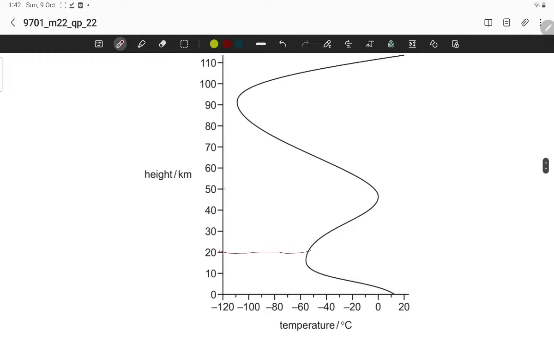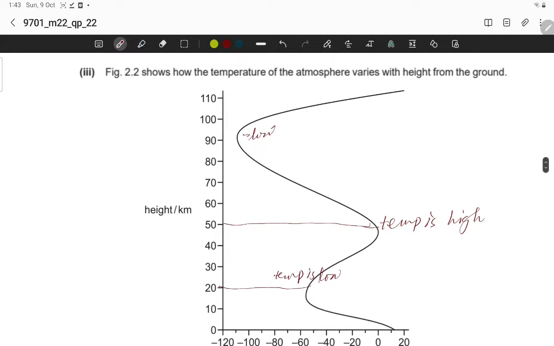At a height of 50, temperature is high, then temperature is low. At 150, temperature is high, and at 90 kilometers temperature again is very low, and at 110 it is high temperature.